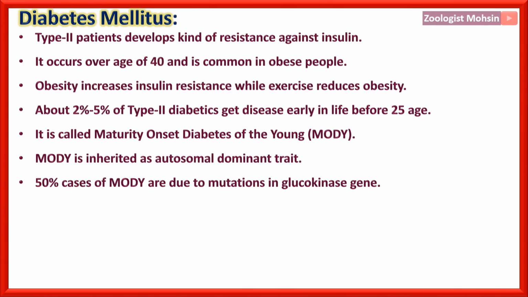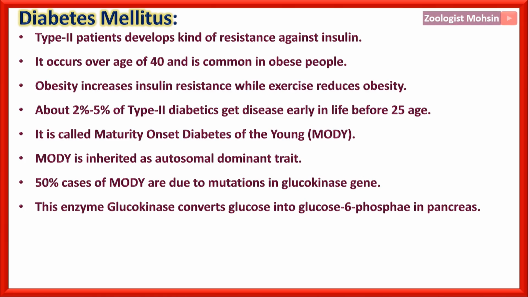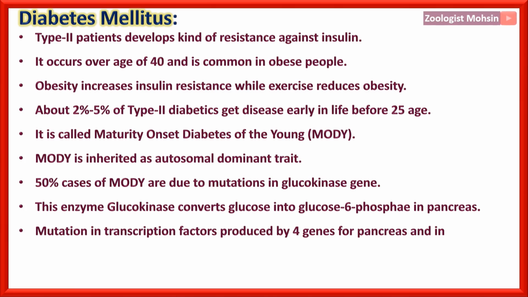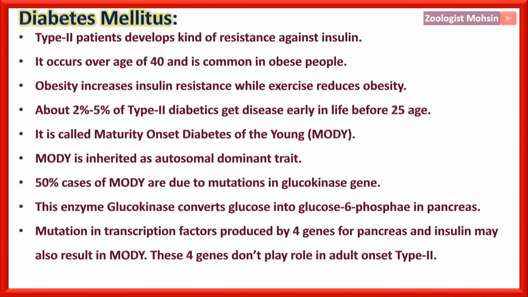50% of MODY cases are due to mutations in the glucokinase gene, and the enzyme glucokinase converts glucose into glucose 6-phosphate in the pancreas. Very important point. Mutation in transcription factors produced by 4 genes for pancreas and insulin may also result in MODY, and these 4 genes do not play a role in adult onset type 2.